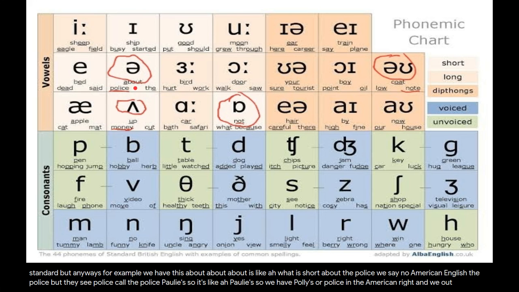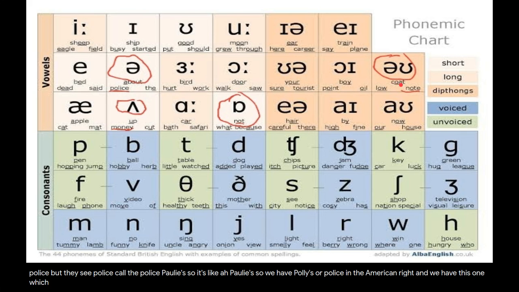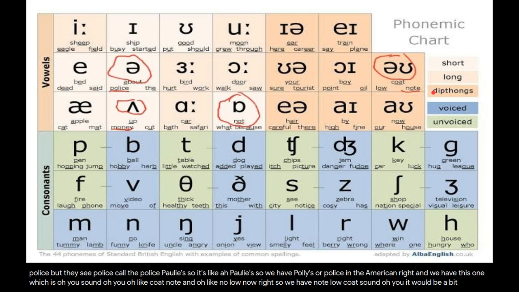Then we have this one, which is the OU sound, O like coat, note, and O like no, low, now, right? So we have note, low, code, sound OU. This would be a diphthong.